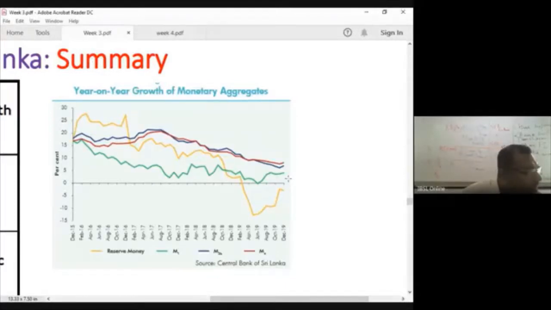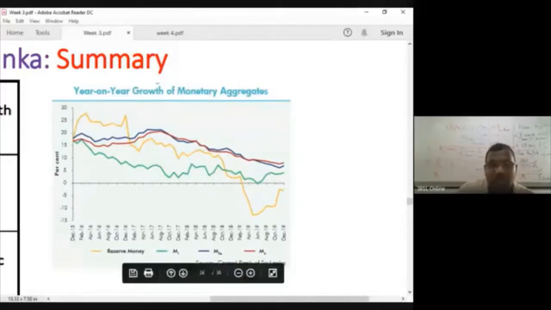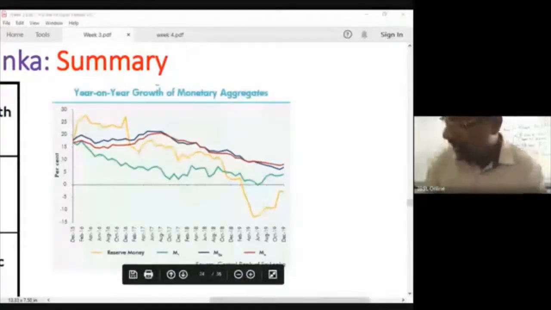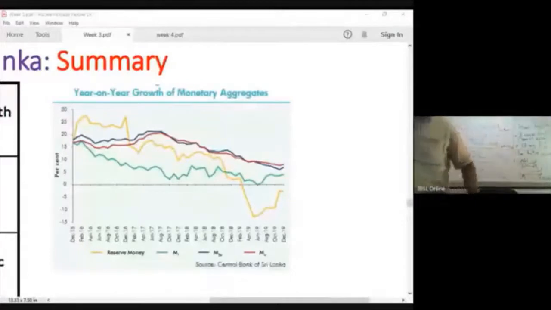How do you calculate? We basically calculate point-to-point growth, or you call it year-on-year growth. So I'll switch back to the board and show you an example related to monetary growth.